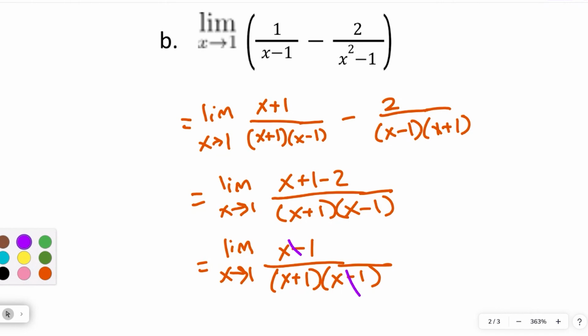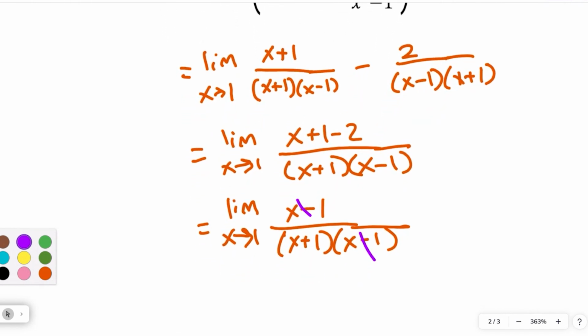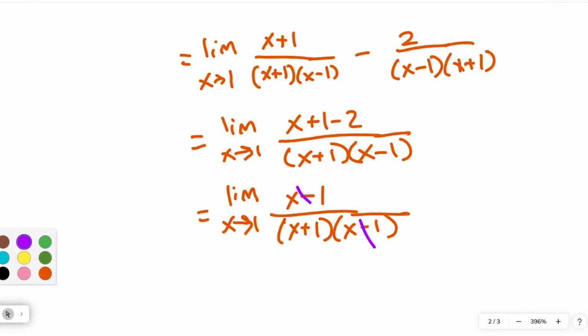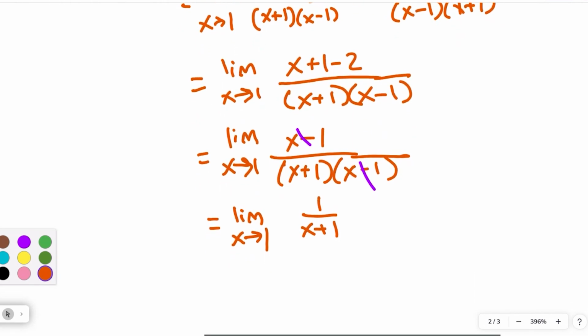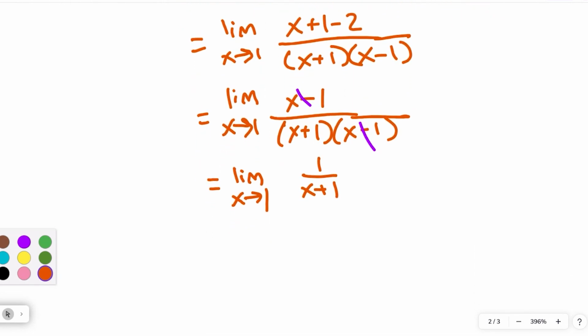Those are going to reduce to 1. Now we've got the limit as x approaches 1 of 1 over x plus 1. And so now we don't have any issues doing direct substitution. Just go ahead and plug that number in. So yeah, 1 over 1 plus 1 is 1/2.